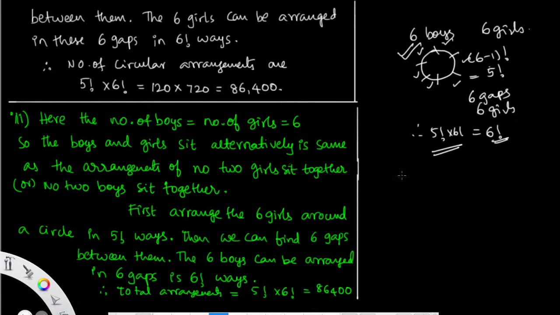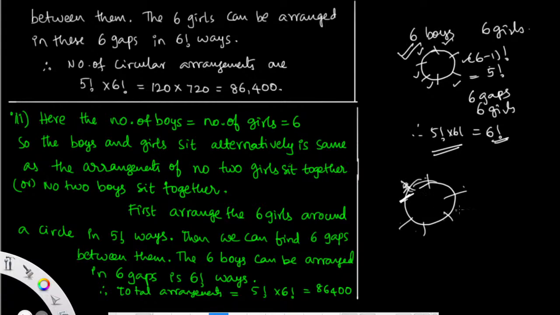But in the circular way, the seating arrangements starting with boys and starting with girls are both the same. 1, 2, 3, 4, 5, 6. So the arrangement starting with girls is the same as this one, and no two boys sitting together is also the same.